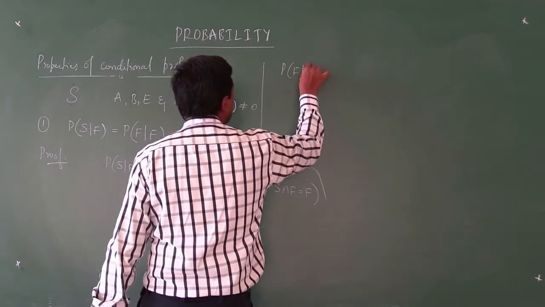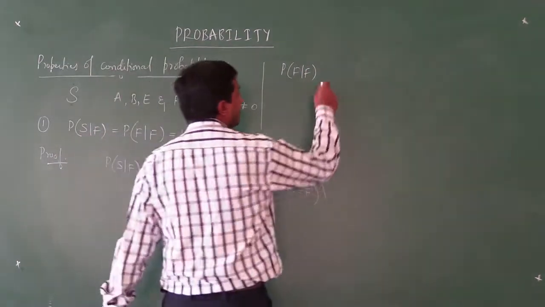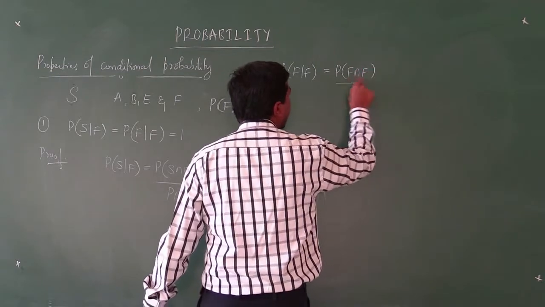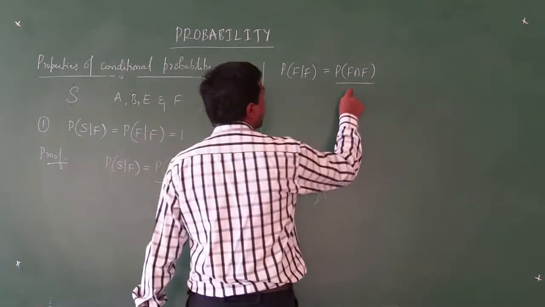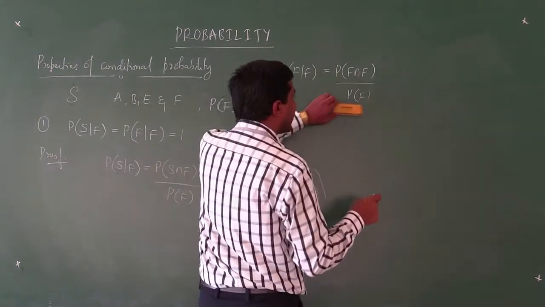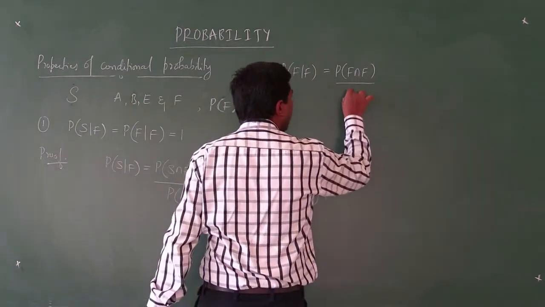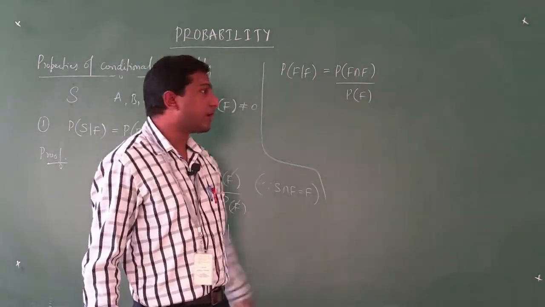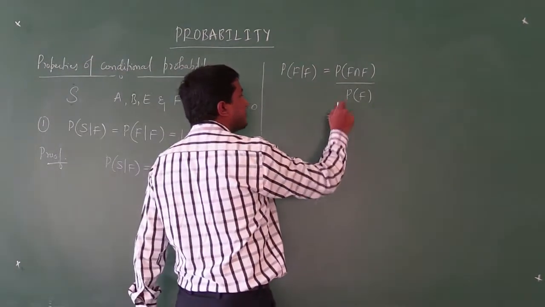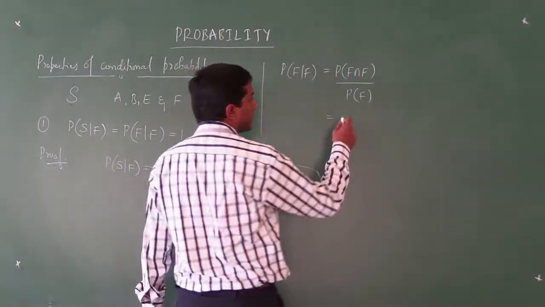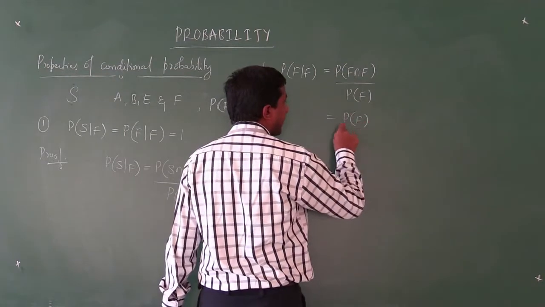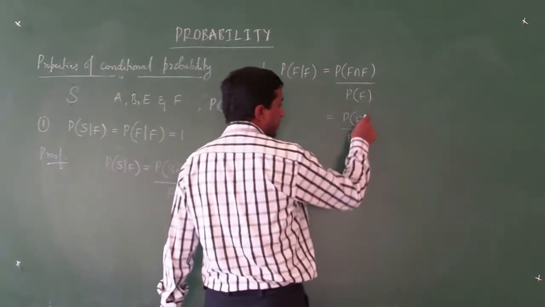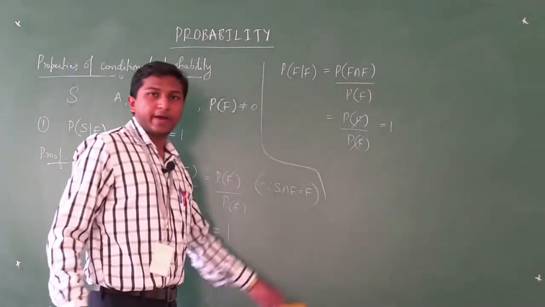By definition of conditional probability, P of F bar F is P of F intersection F divided by P of F. But P of F intersection F is nothing but P of F. These two cancel and again you get 1.